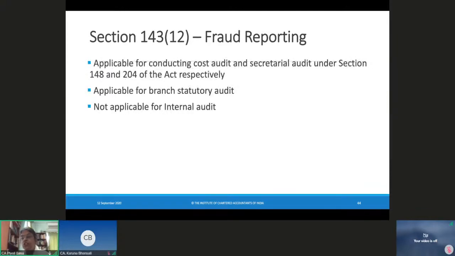Whether it is applicable for the consolidated financial statements also. Now we are talking about the company's statutory auditor or a branch auditor. If it is a branch auditor, it gets into the CFS, the consolidation happens. So if a fraud is identified at a branch level, during the consolidation, whether that needs to be reported.